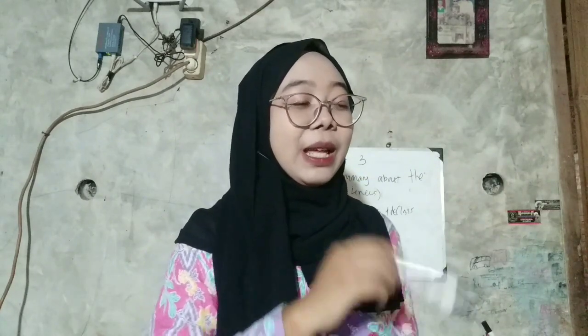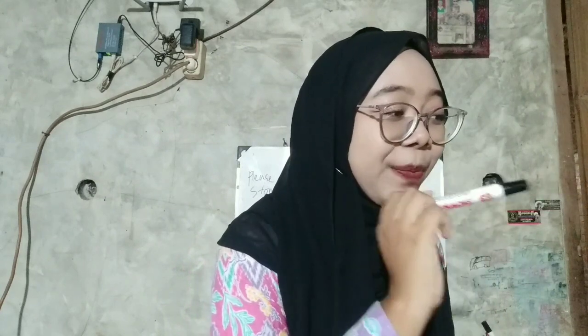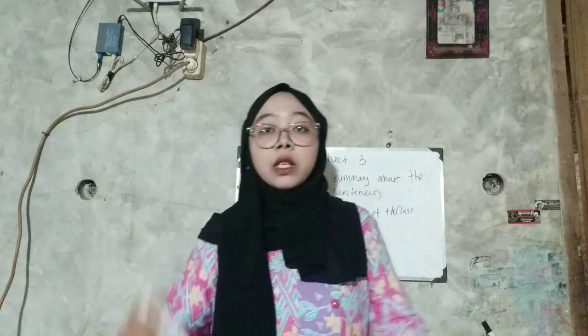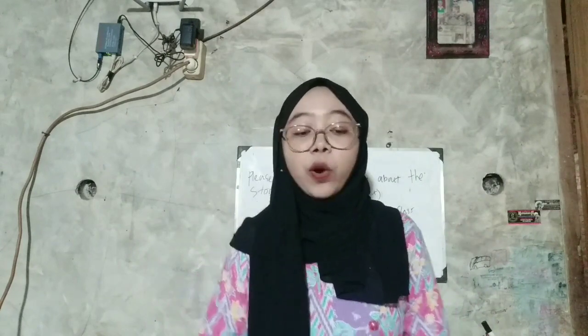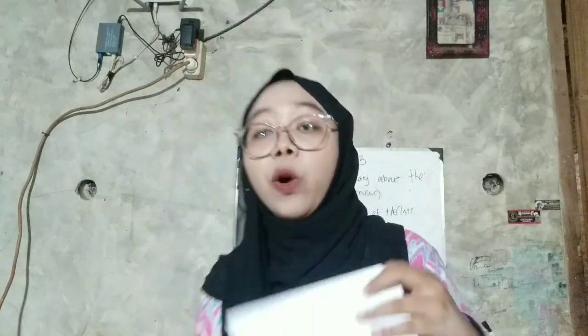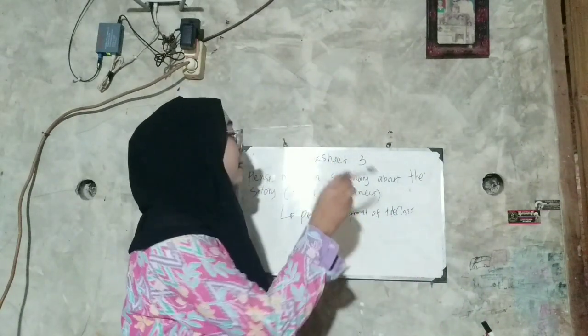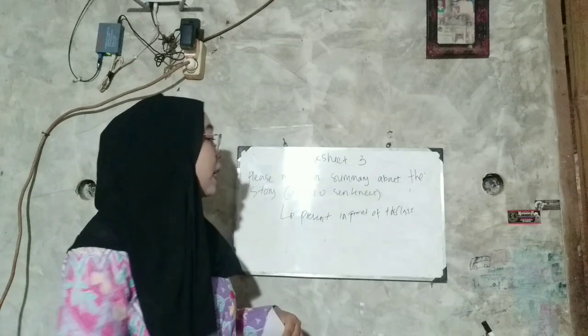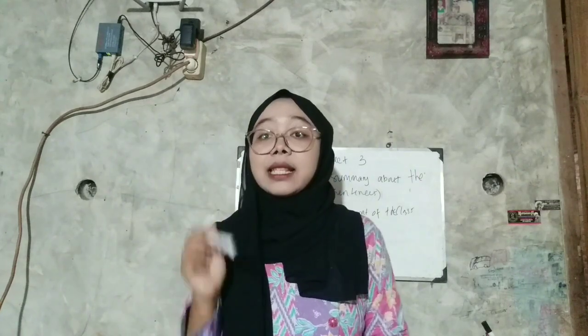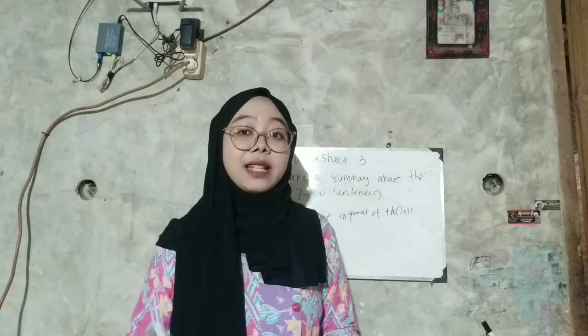We are still in a group? Please, we are still in a group? Okay. Akbar, Ninda, Vidya, Hani, and the others? Okay, very good. So the next activity is worksheet 3. Okay, worksheet 3. Please make a summary about the story, 7 until 10 sentences.